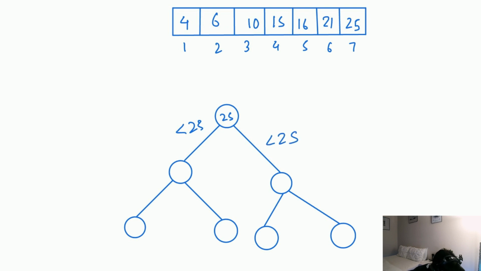We consider 21 and 16, which can go either way. Now considering their children, these nodes should be lesser than 21, and these nodes should be lesser than 16. So we fill it up in the same manner. We fill up 15 and 10 and 4 and 6.